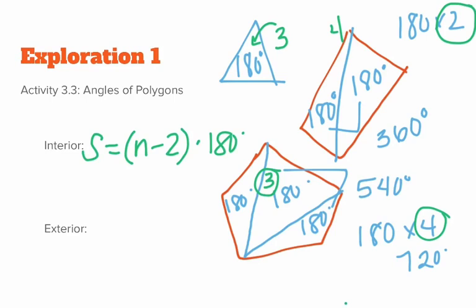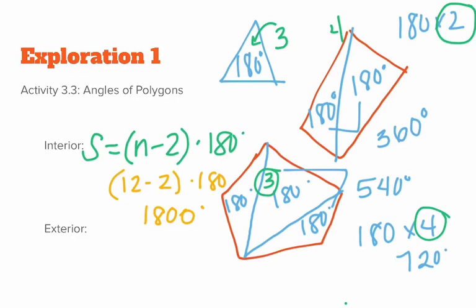So if a shape had 12 sides, using this formula to figure out how many total degrees there are, we would do 12 minus 2 times 180. Well, 12 minus 2 is 10. 10 times 180 is 1,800. So a 10-sided shape, or a decagon, would have 1,800 degrees in it.